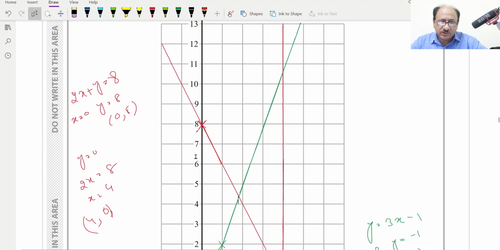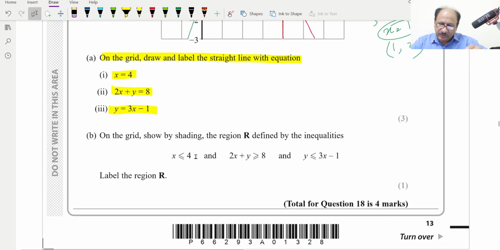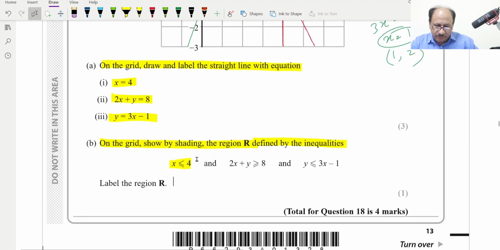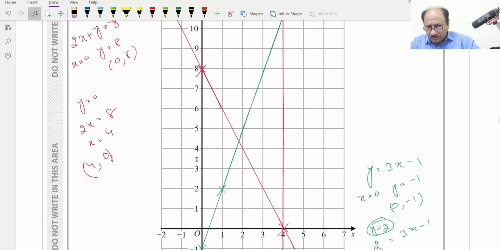Now after drawing these three lines, part B is saying: on the grid, show by shading the region defined by the inequalities. Number one is x is less than 4. So less than 4 is required. Greater than 4 we will be highlighting.